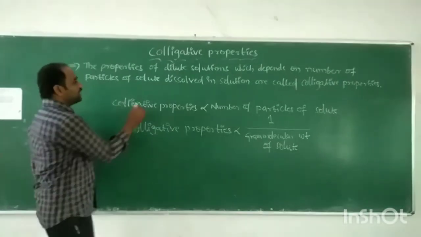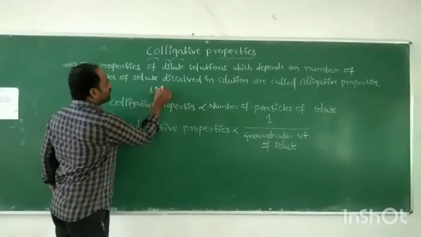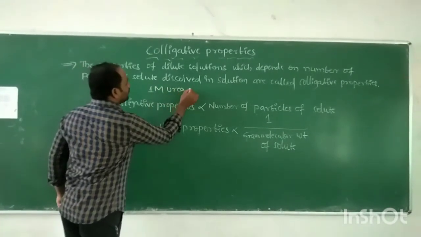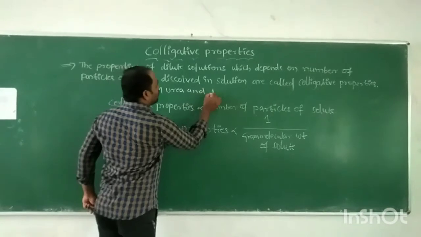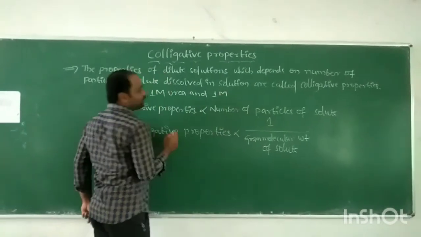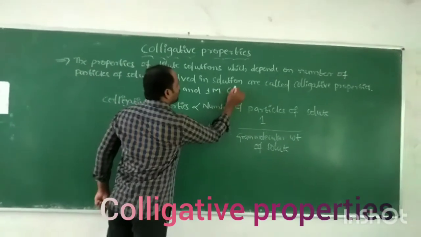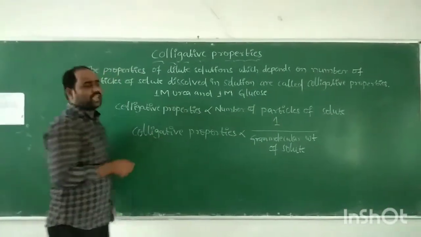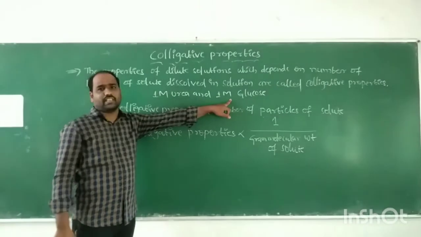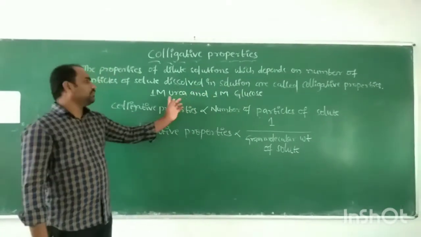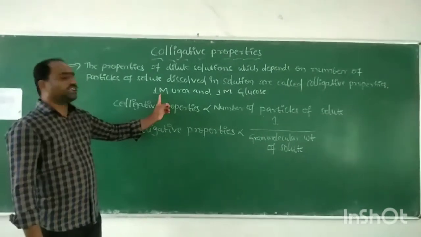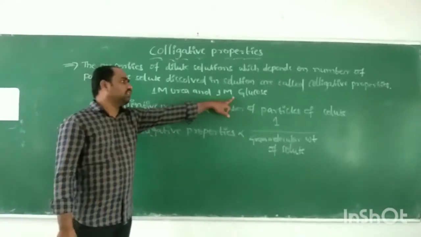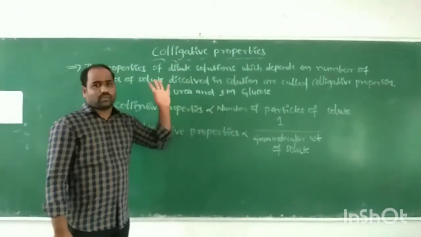For example, we will take 1 m urea and 1 m glucose. The 1 molar urea solution and 1 molar glucose solution have the same boiling point because the number of particles present in the 1 molar urea solution and 1 molar glucose solution is 1 only.